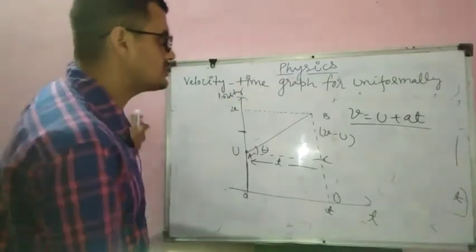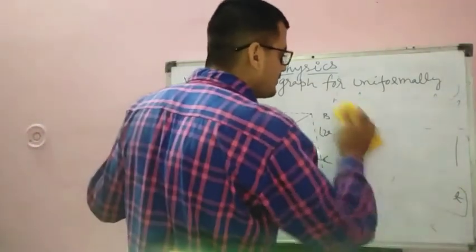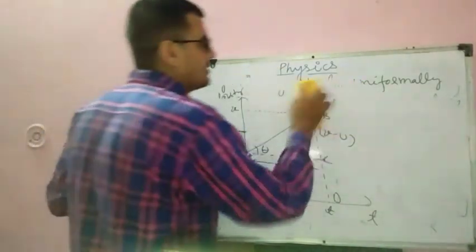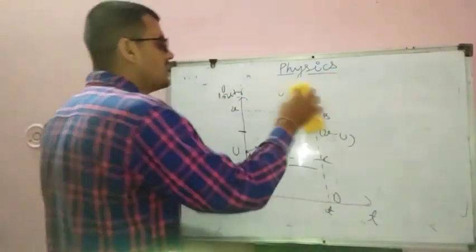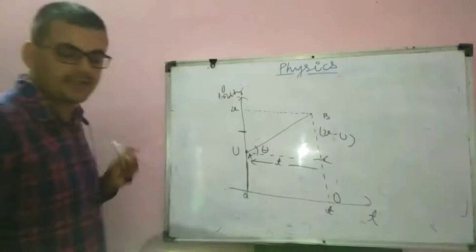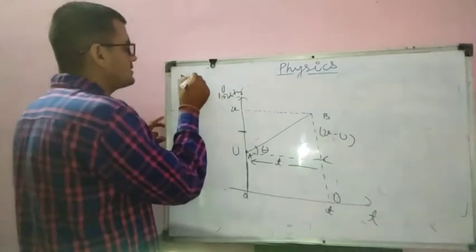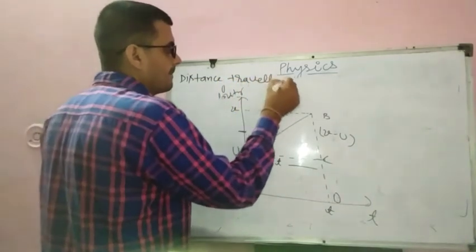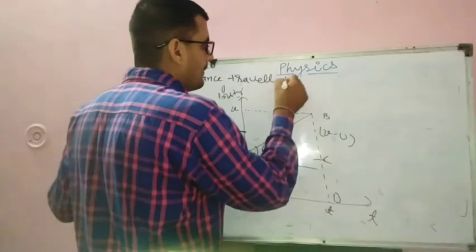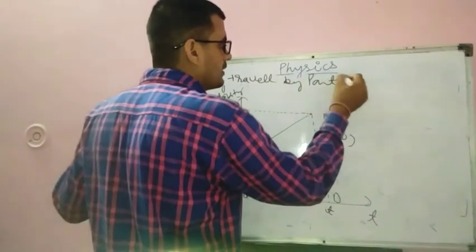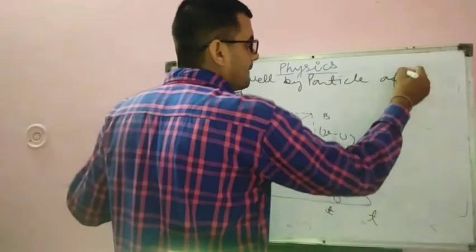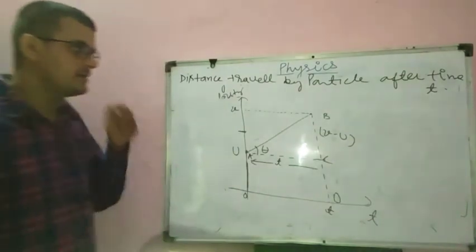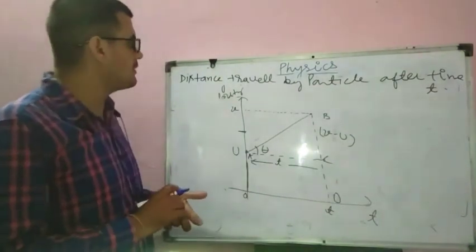Now we will calculate the distance traveled by the particle in t seconds, or you can say the distance traveled by the particle after time t.